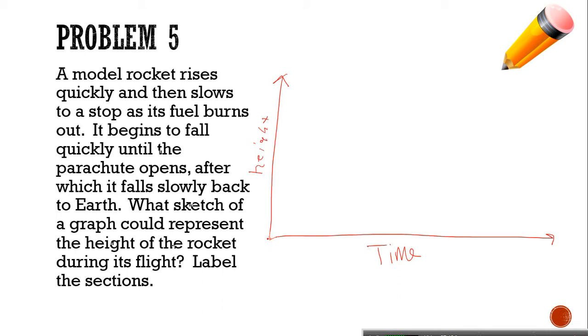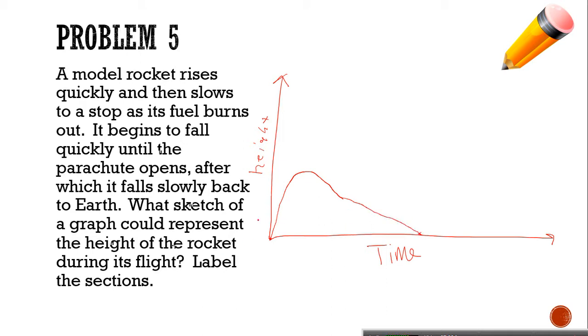Now they say it quickly rises, so I'm going to make this quickly rise. And then it says the fuel burns out, it's quickly falling, and then the parachute opens. So that's when I can make a gentle fall to the earth. Make it a little slow.